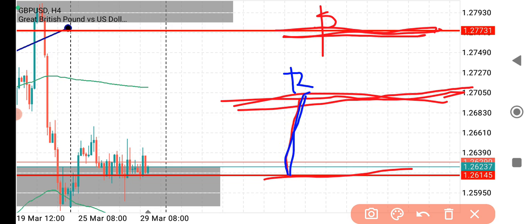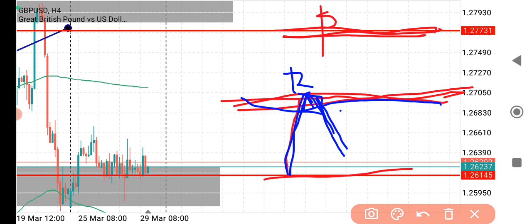We are looking forward to do what? To sell, because this is a resistance. So our goal is that this resistance should be able to hold price and then bring price back to the downside. And as such, we need an entry rule in order for us to make a sell entry from this resistance zone.